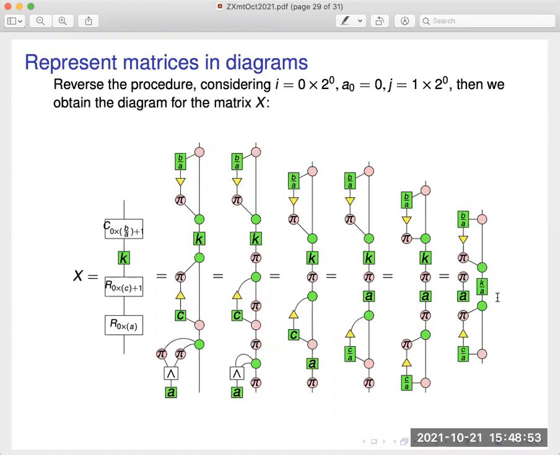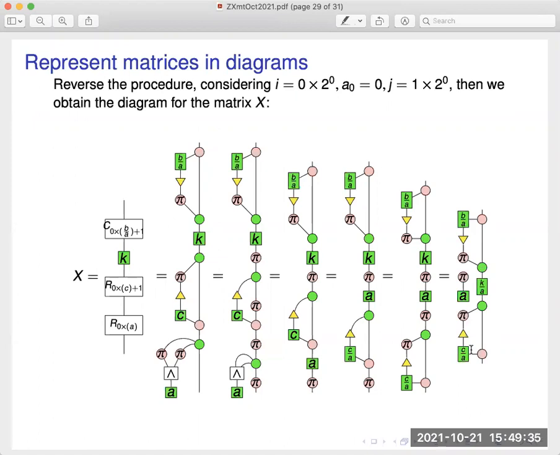Finally you get this diagram for the matrix X, and this is a scalar, basically meaning A. This diagram looks kind of symmetric: a green node, then this bigger diagram, and then this one, but the coefficients here and here are different. So this is a diagram for any 2 by 2 matrix with A non-zero.